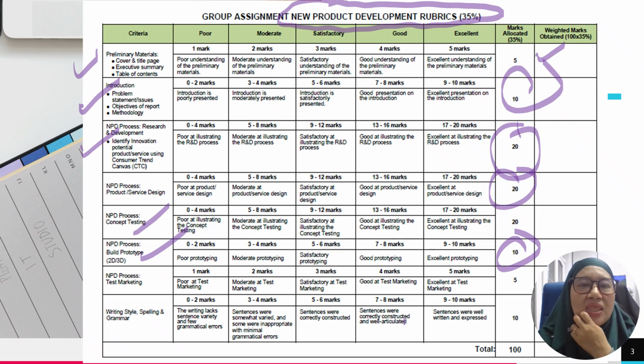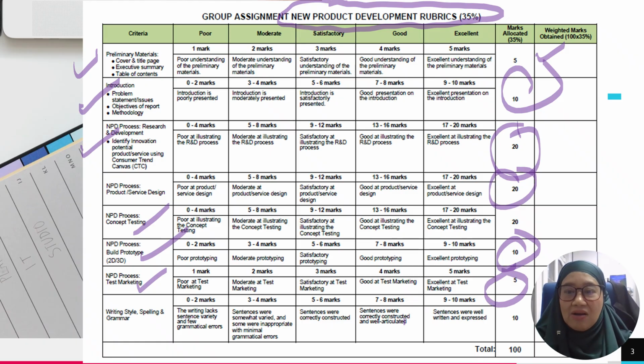And then test market. 5 marks. This is your simulated launch: how you would introduce your product to your target audience. Include basic marketing strategies and possible feedback loops. And finally is writing style, spelling, and grammar.